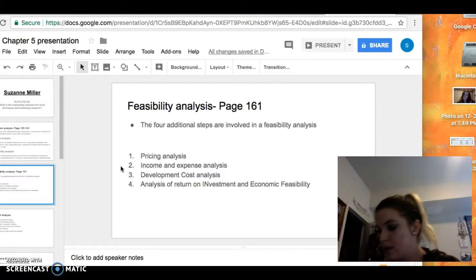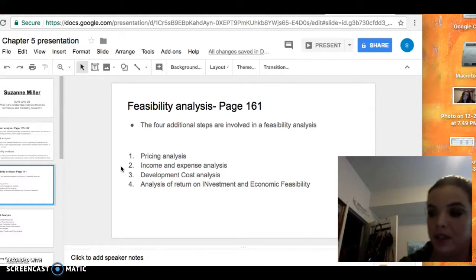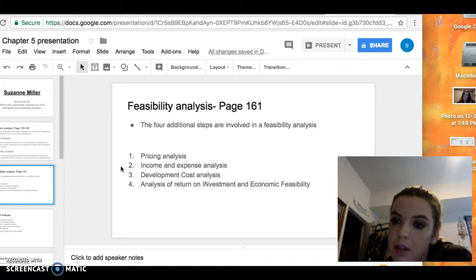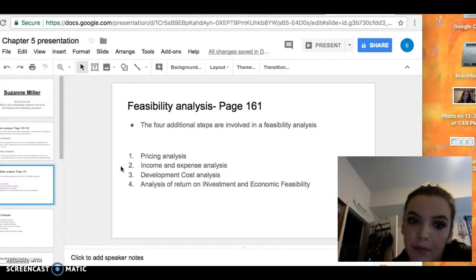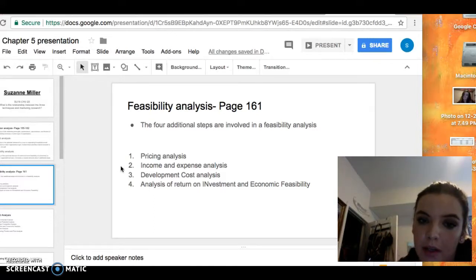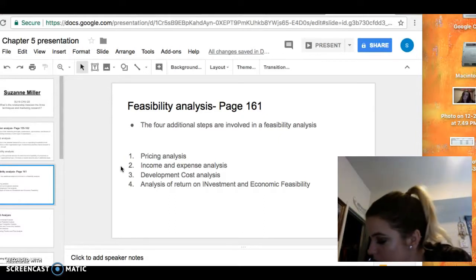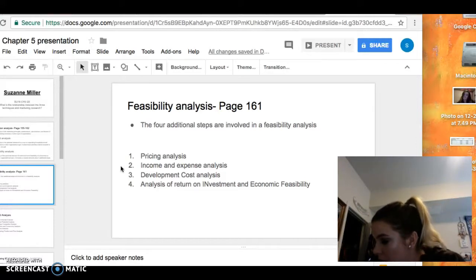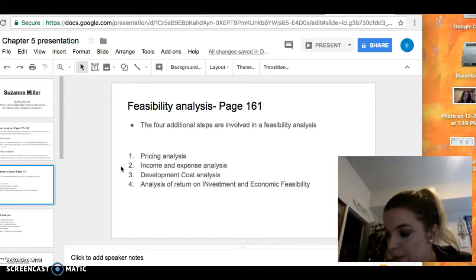I think it's very important for the sales department to know the right pricing and how to negotiate for their business. Number 2, income and expense analysis. This is the next step to estimate the revenues, operating expenses, and profits for a new business. A pro forma.